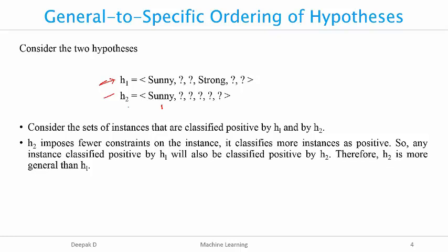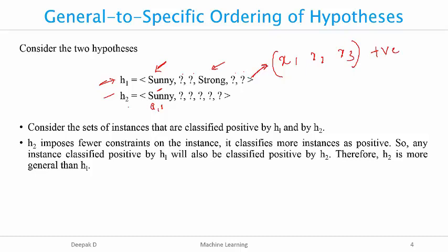In H2 there is only one constraint, on attribute 1, whereas in H1 you can see specific values for two attributes, and the remaining attributes have the any-value-acceptable constraint. Assume that x1, x2, x3 are three instances that H1 classifies as positive.